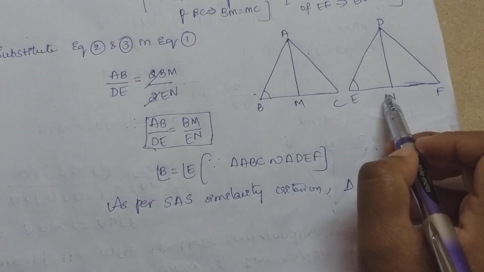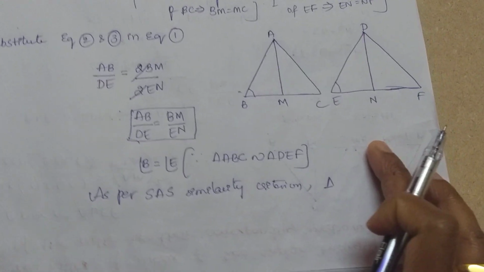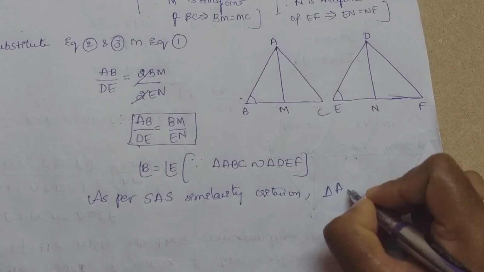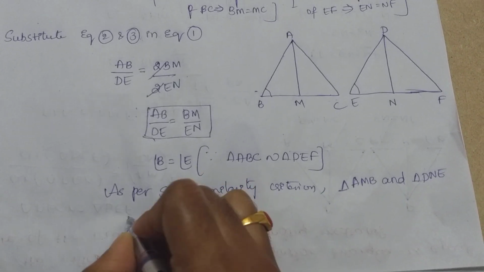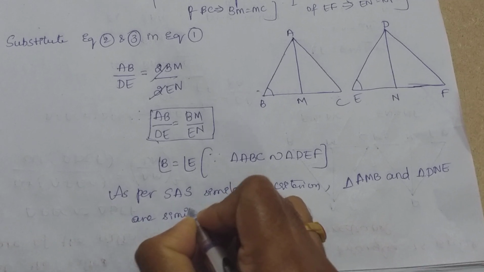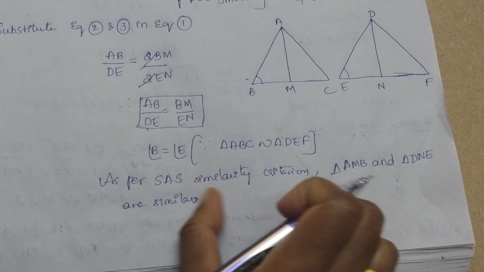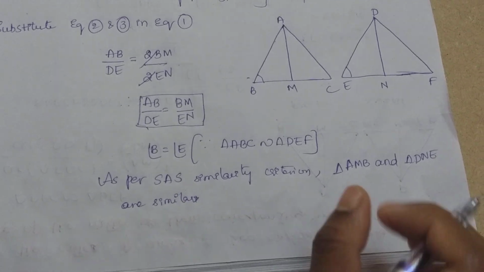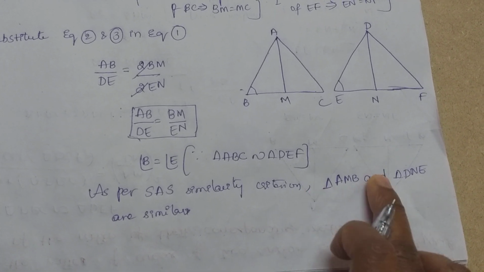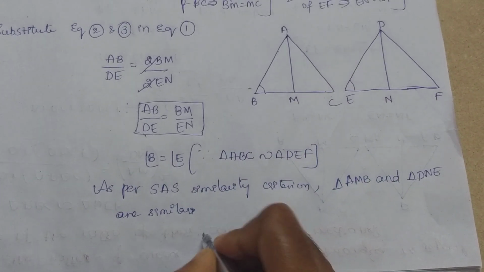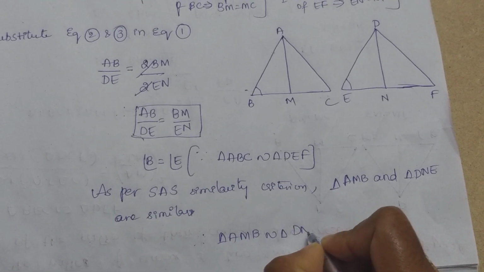These two sides are proportional and one angle is equal. Then triangle AMB and triangle DNE are similar. I am not writing the statement of SAS similarity here, I just wrote as per SAS similarity criterion, but in your exam you must definitely mention the statement also. Clear? That gives you additional marks. So triangle AMB and triangle DNE are similar. What can we write? Triangle AMB is similar to triangle DNE.